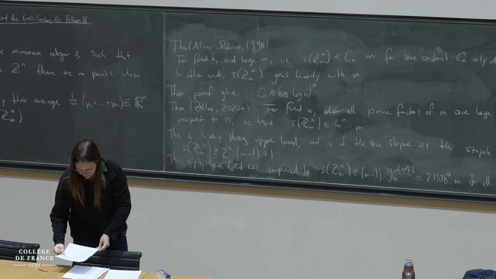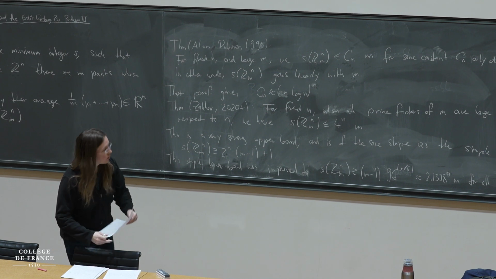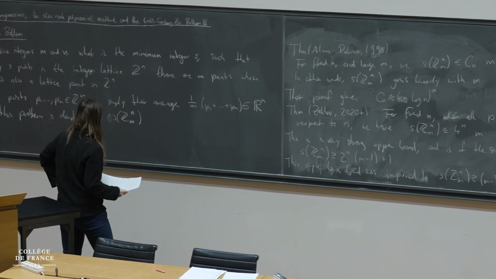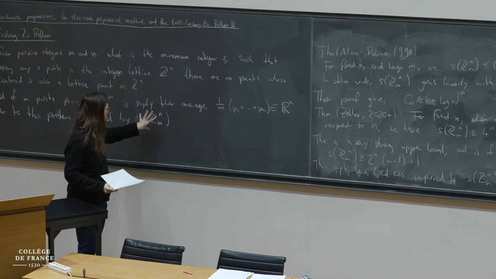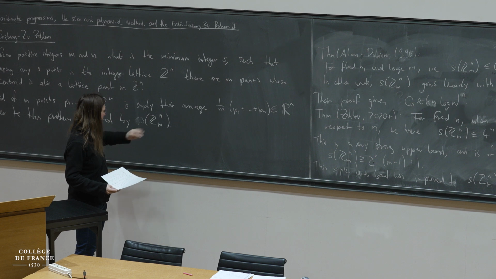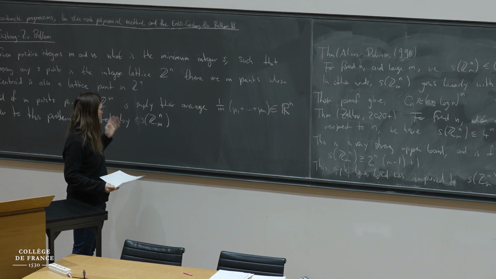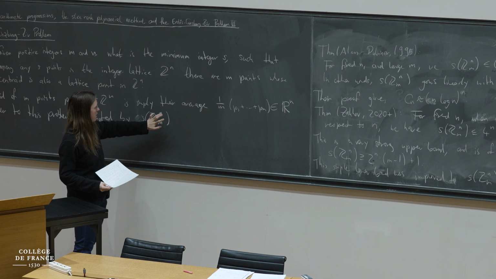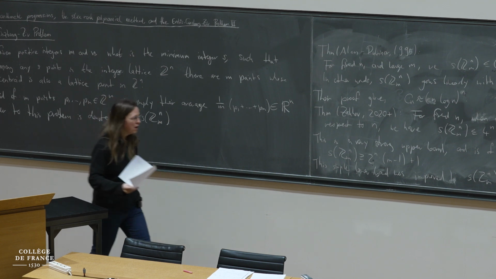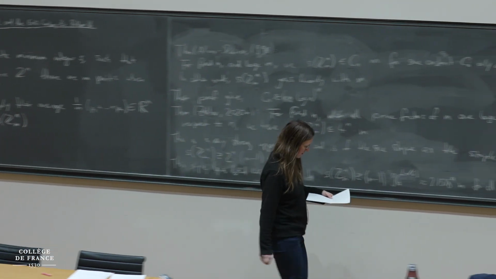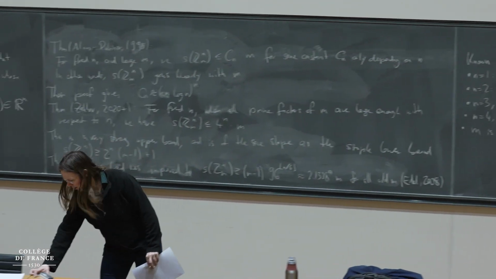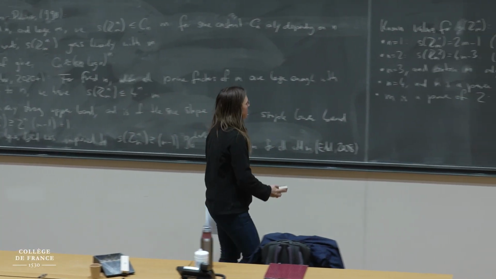So basically, if n is fixed and m is large, then this is pretty well understood. But if you look at, say, the opposite regime where you fix m and let n be large, then it's wide open what happens. And so that's the question that we want to discuss today and next week.